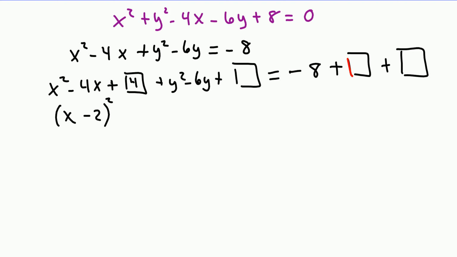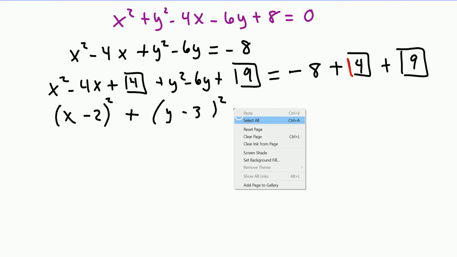And we add it in our boxes. Okay, so we did it for the x's. Now let's do it for the y's. Set of parentheses, bring down your variable of y. What's half of -6? -3. Square it. What is -3 squared? It's 9.